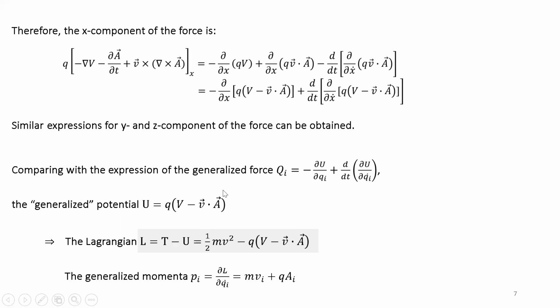It's written as Q times V minus V dot A. If you don't have a magnetic field, then A is just 0, so then this is Q V, the static potential that you know of. Now you have this minus V dot A.